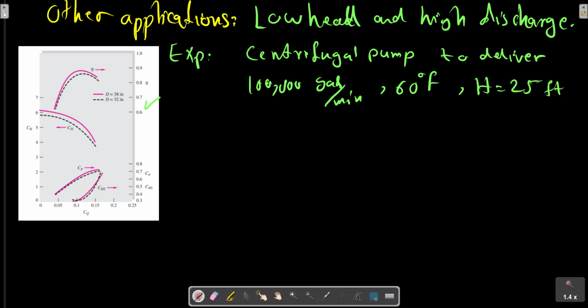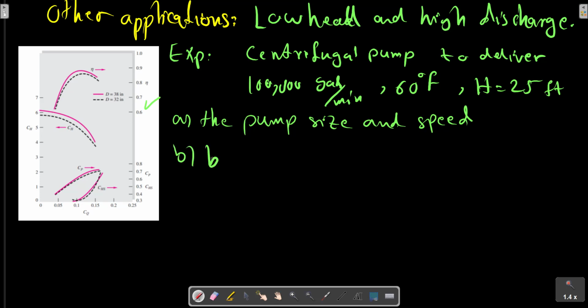We should find the pump size and speed, the brake horsepower, and the efficiency.